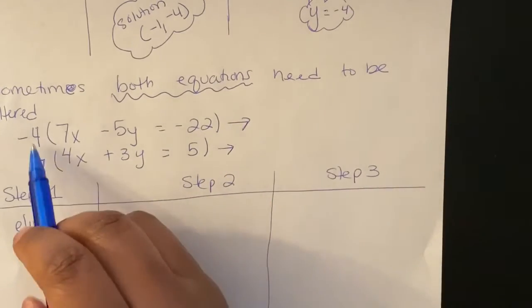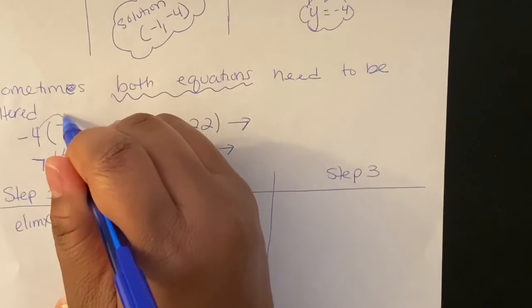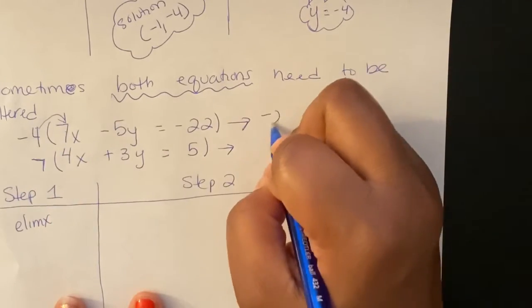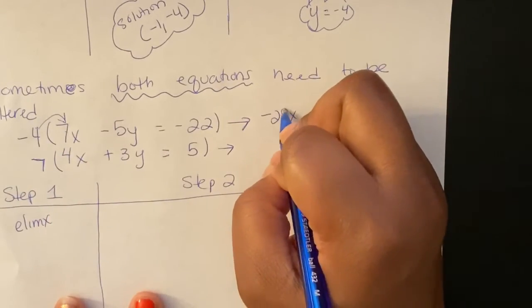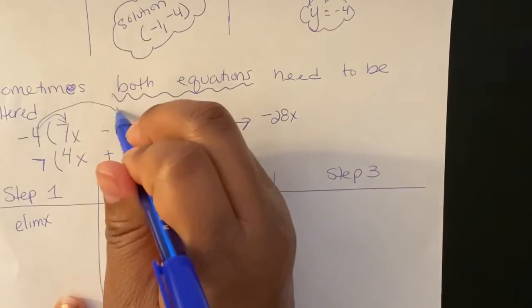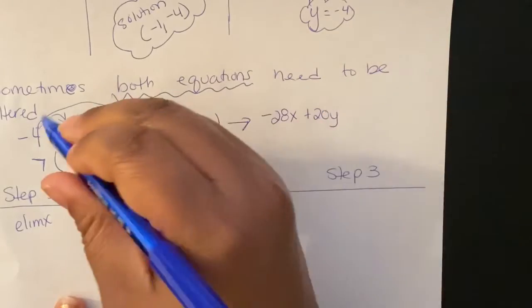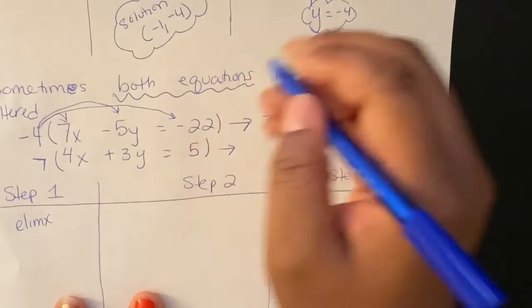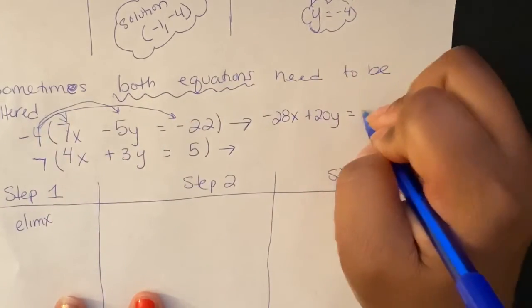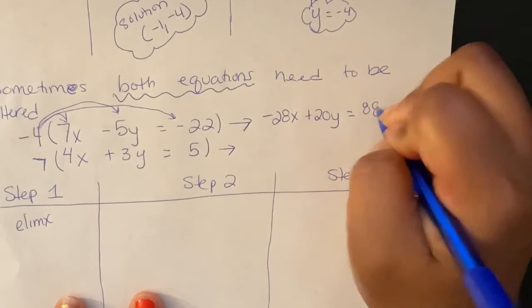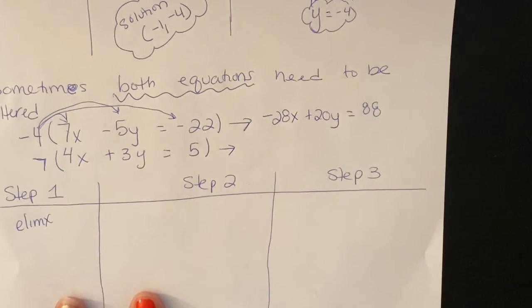So that's going to give me negative 4 times 7x is negative 28x. Negative 4 times negative 5y is going to be positive 20y. And negative 4 times negative 22 is going to be a positive 88. Okay.